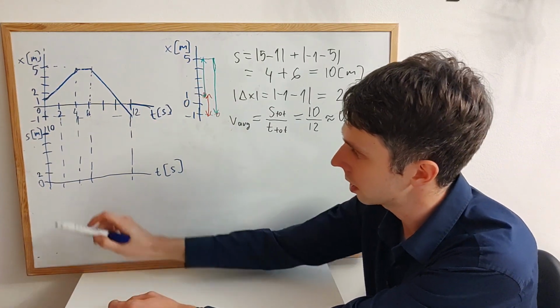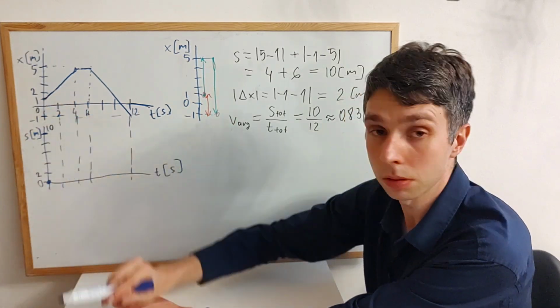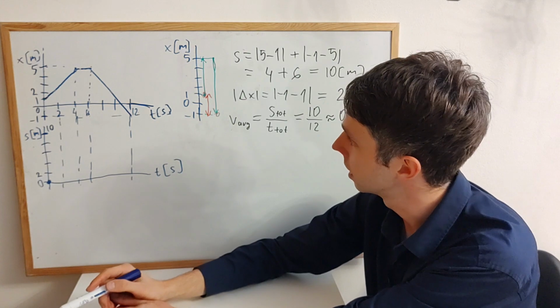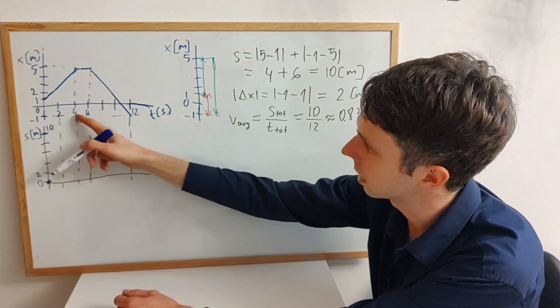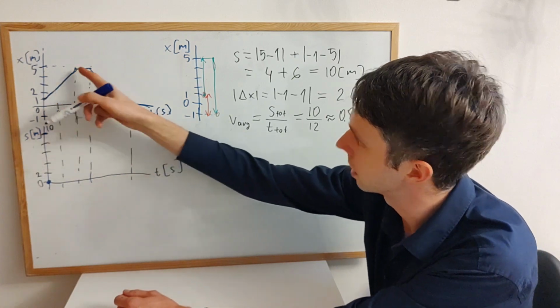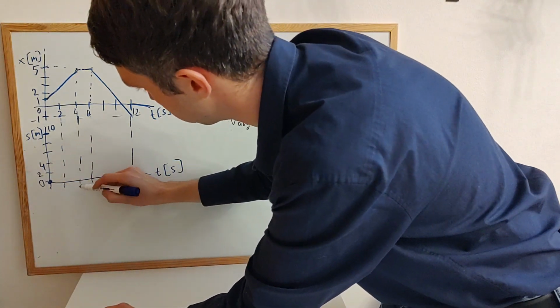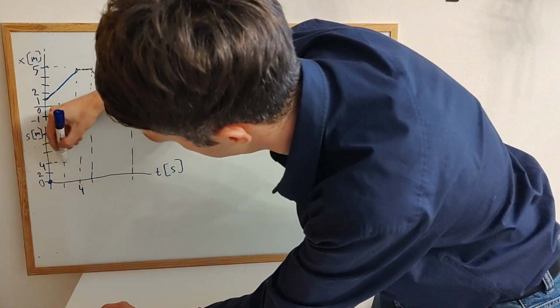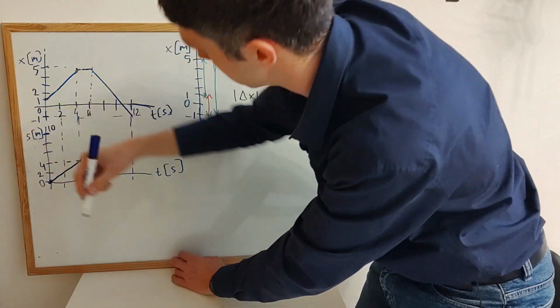So in the beginning the distance is 0, but position was 1, okay? And in the first 4 seconds the object traveled 4 meters, okay? So after 4 seconds the distance is 4 meters, like this.